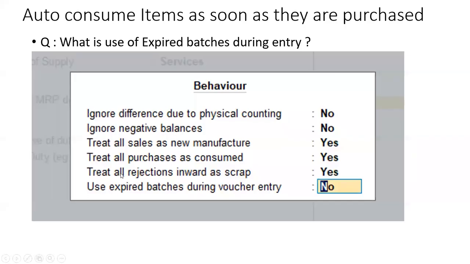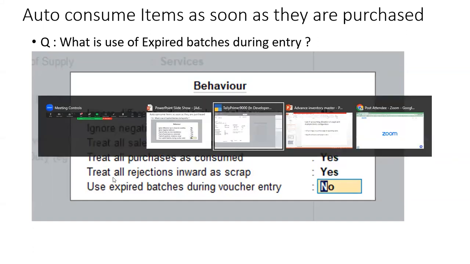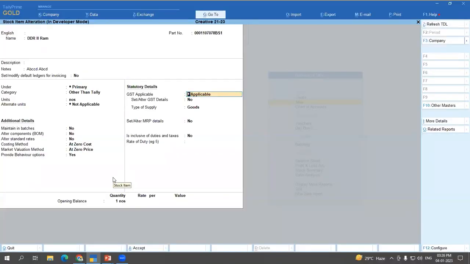Okay. There is always one question for rejection inward. Whenever you are putting rejection in voucher type, there is a rejection in voucher type in Tally. Means suppose you sold an item and that party is saying that item is damaged, and that damaged material the party is going to return back to you.